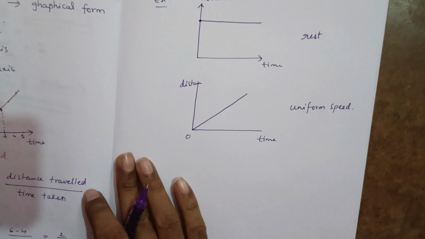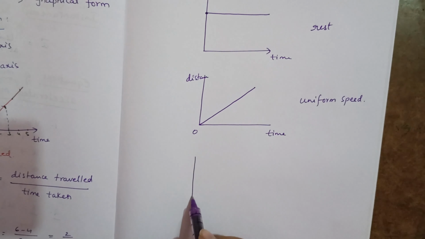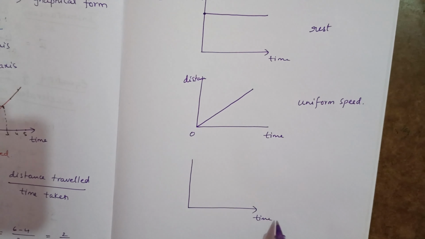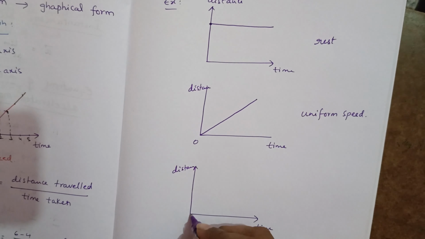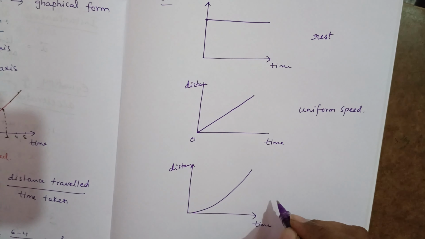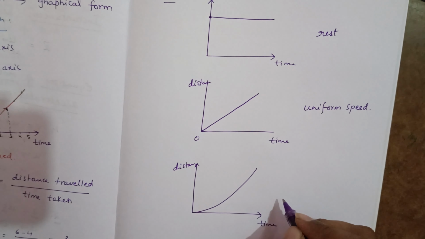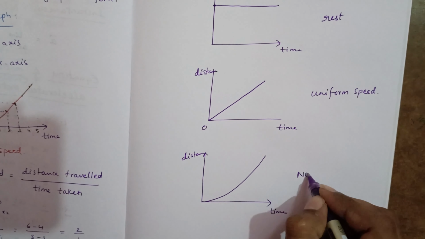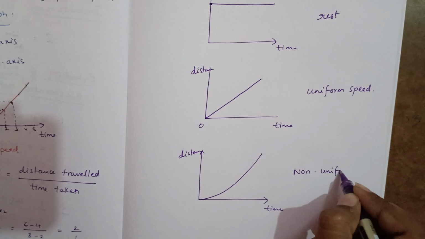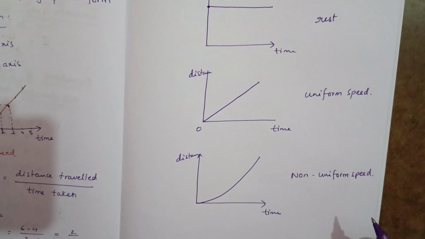Now if the graph is curved, not a straight line, then the graph shows non-uniform speed.